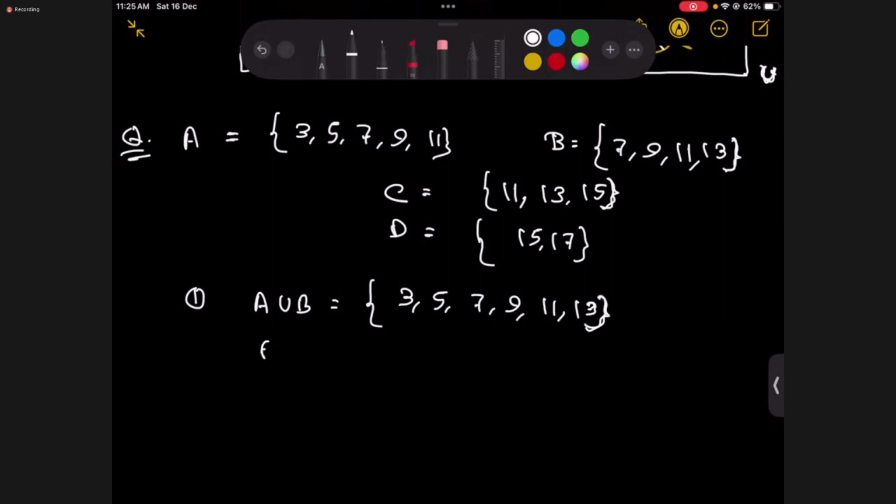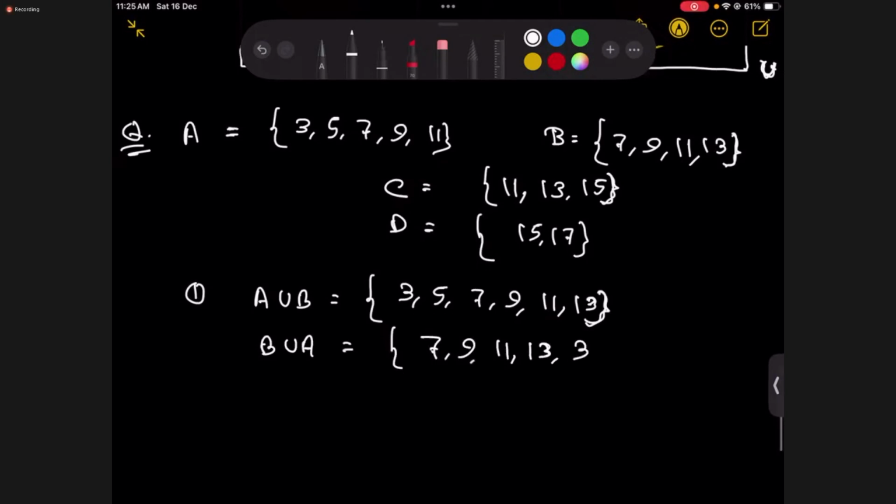And what about B union A? The same set. 7, 9, 11, 13, 3, 5. And this thing gives us that A union B is equal to B union A.